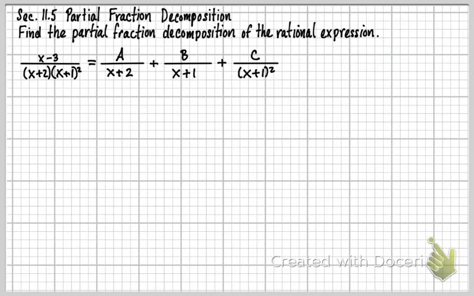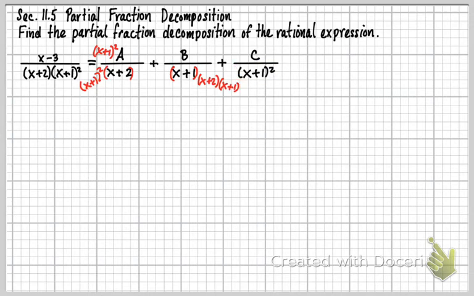For this first one, this x plus 2, we're going to have to multiply it by x plus 1 squared. So that means we multiply the top by x plus 1 squared. And then the middle one here is going to need an x plus 2, and also an x plus 1 because the one on the end has 2 x plus 1s.